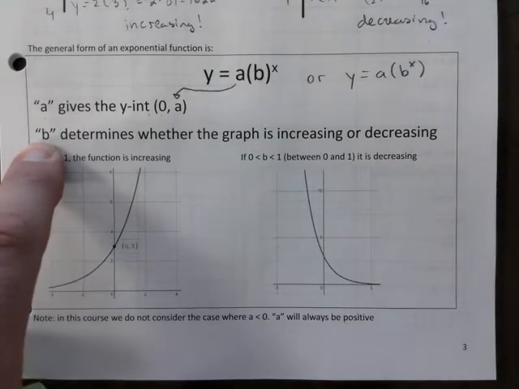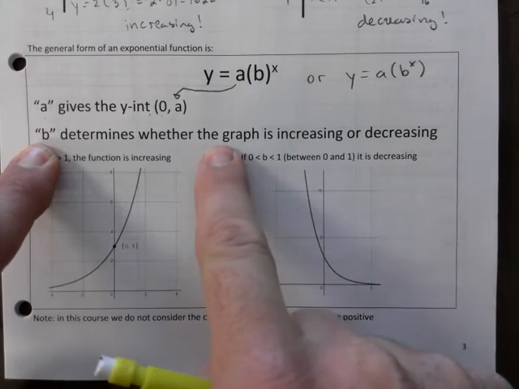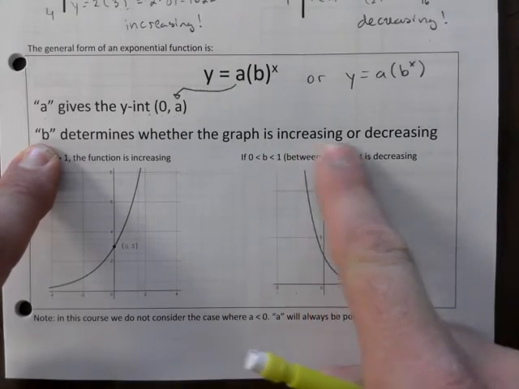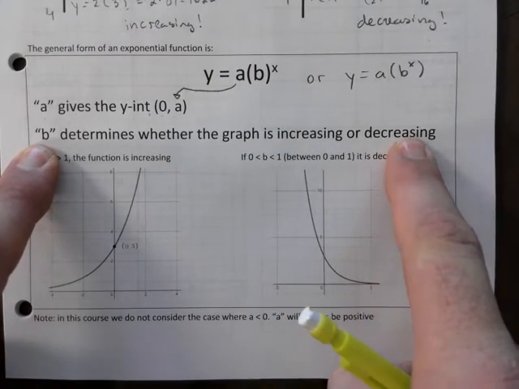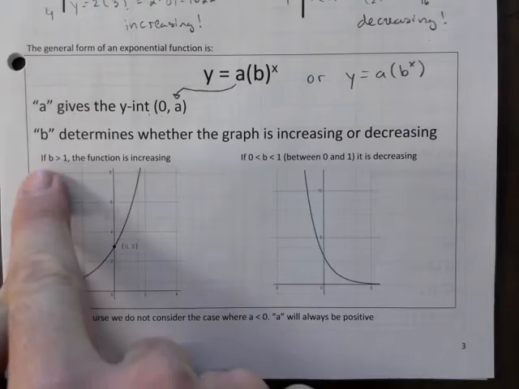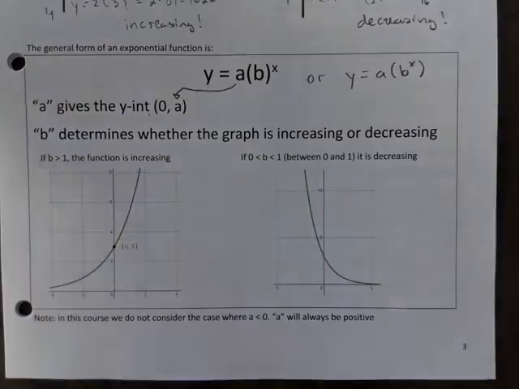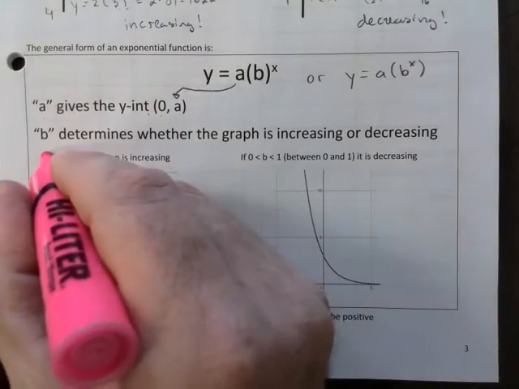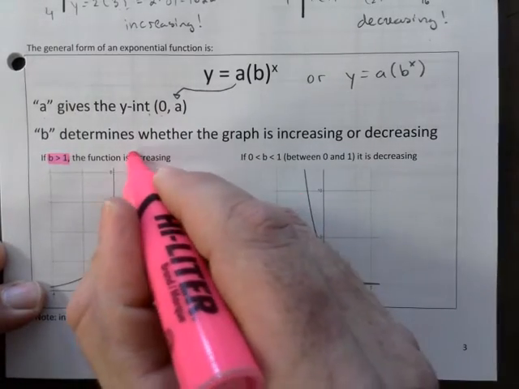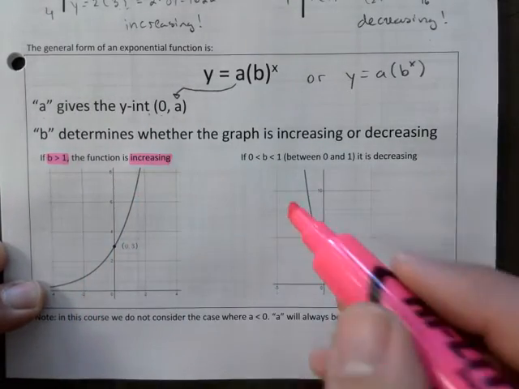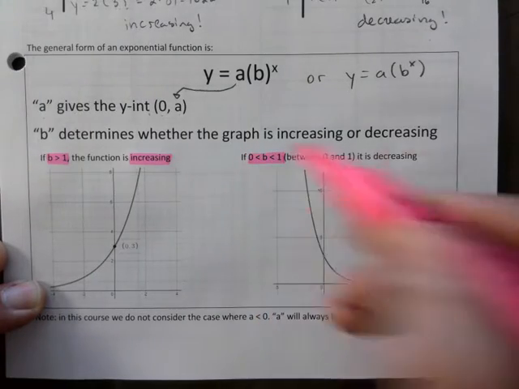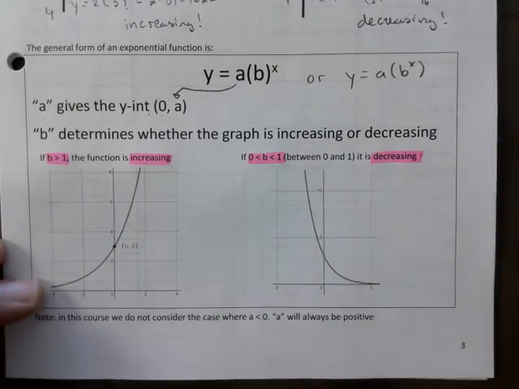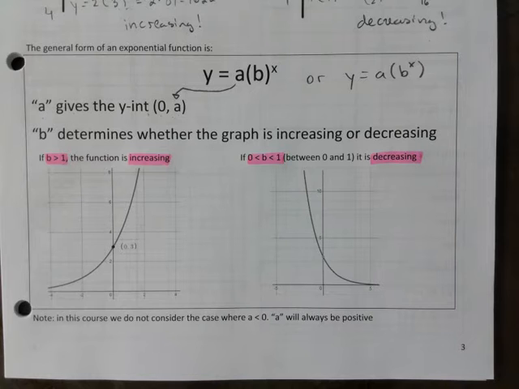And b determines whether the graph is increasing or decreasing, okay? And so if b is greater than 1, you have an increasing function. If b is between 0 and 1, it'll be decreasing. And you're like, what about negative?